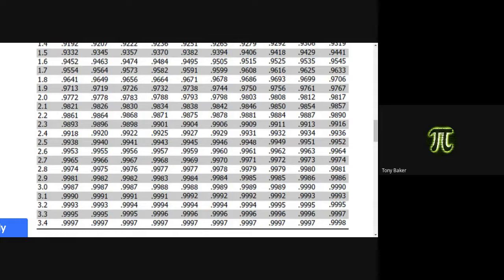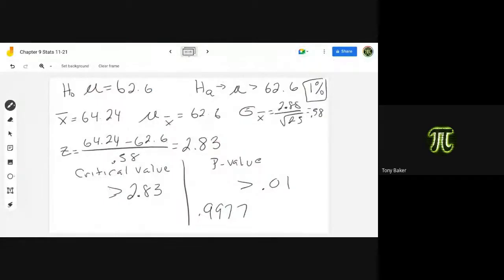So my p-value is actually 0.0023. So I reject, because that's not greater than 0.01.